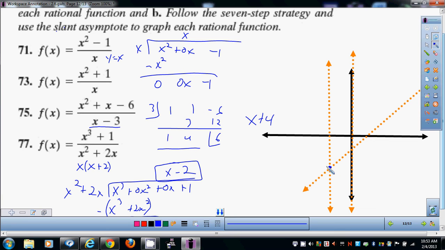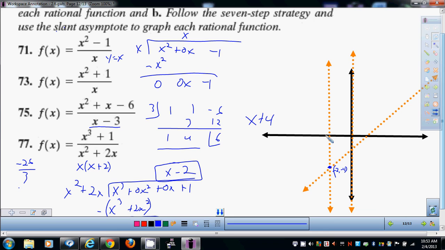Negative 3 squared is 9 minus 6. Positive 3. So what is that, negative 5 1/3? Yes, it is. Negative 5 1/3 is here. So that means I'm below my asymptote. And that's going to be the first part of my function.